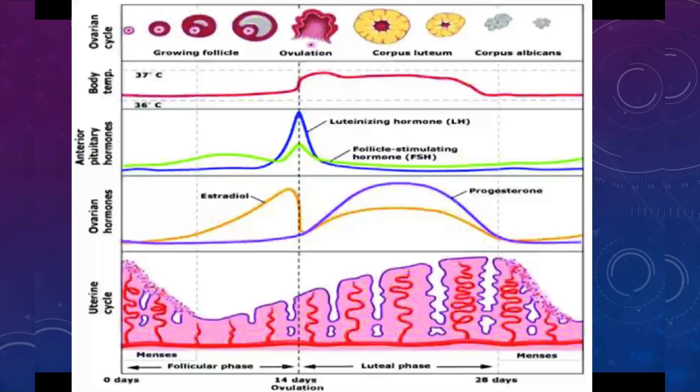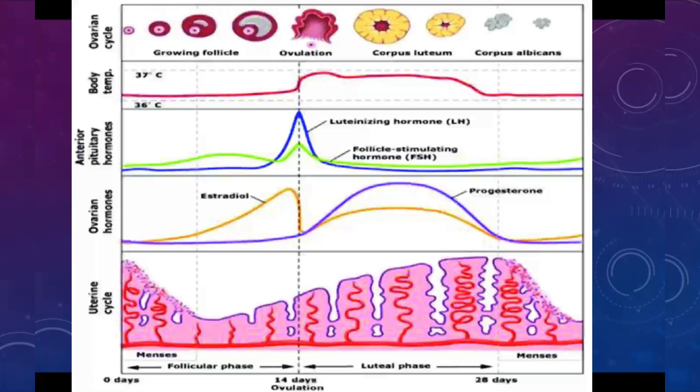So this process is controlled by a hormone called the follicle stimulating hormone, and it is going to enable the growth and development of a follicle. After the follicular phase, we're going to have a process called ovulation, which is a release of that mature follicle from the ovary.